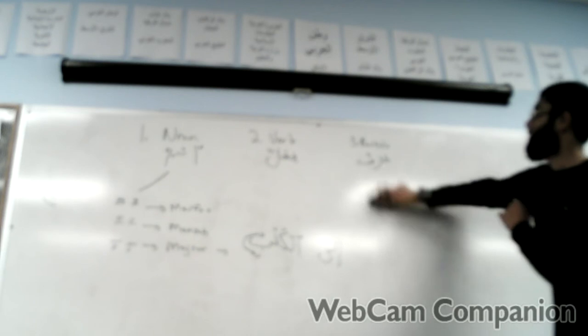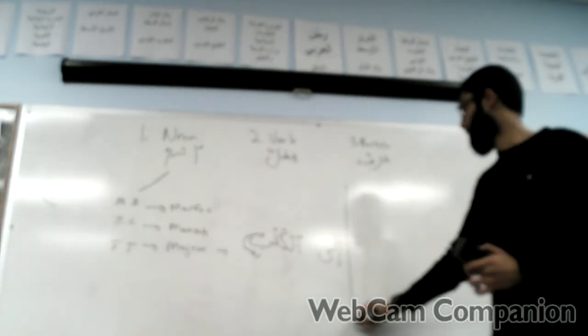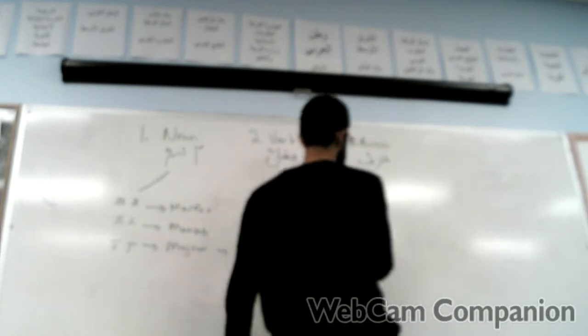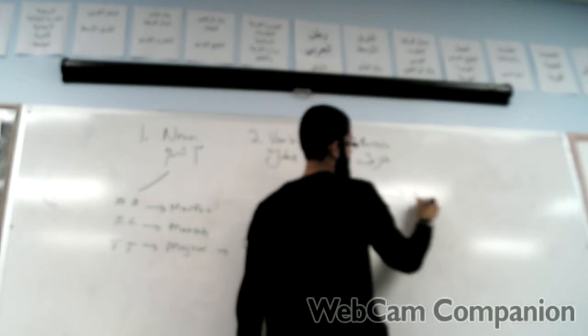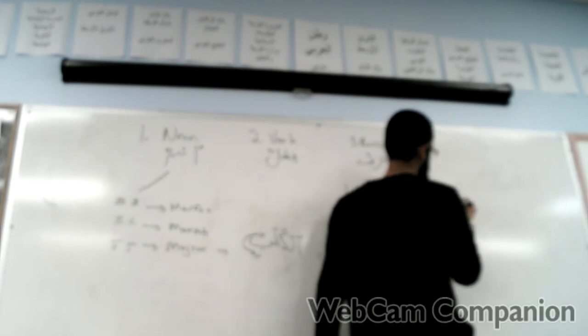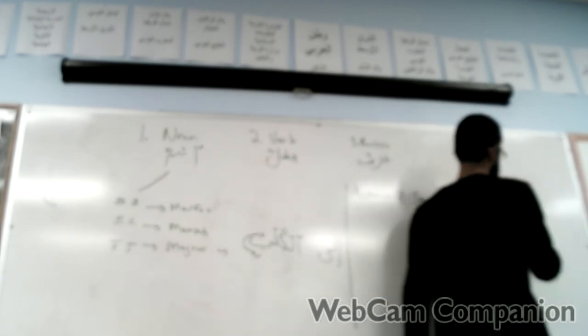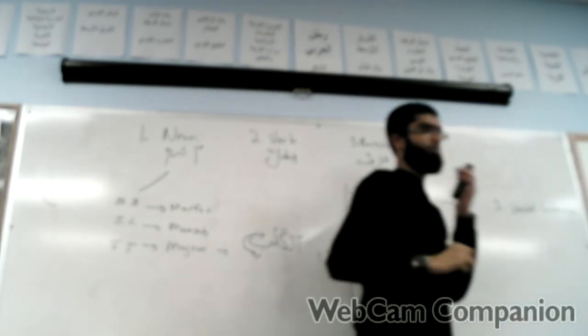Alright, so the next thing we said was that there are two types of sentences, right? There's the nominal sentence and there's the verbal sentence. What's the nominal sentence in Arabic called?